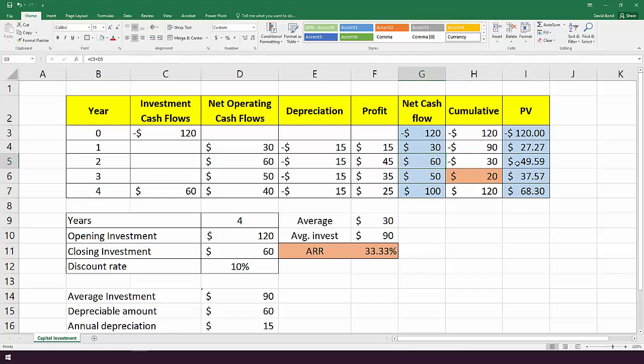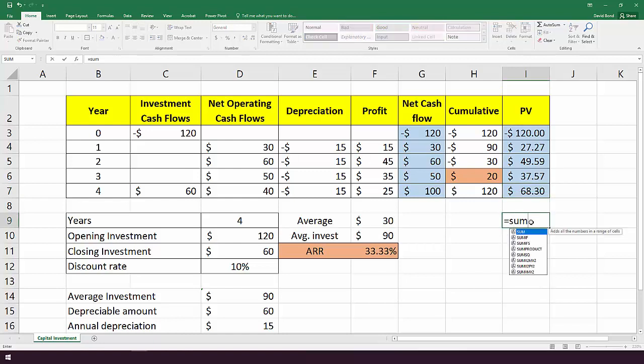$60,000 in 2 years is the equivalent of 49.59 thousand in time 0. 50,000 in 3 is equivalent to 37. 100,000 in year 4 is equivalent to 68. So they become smaller and smaller. The value of a future dollar becomes smaller and smaller today.